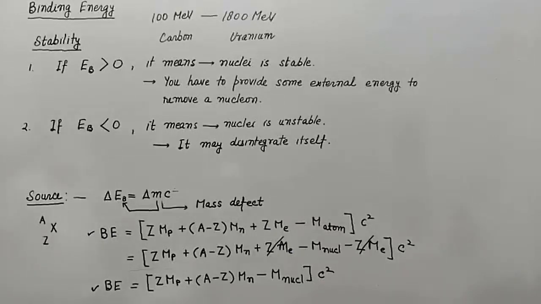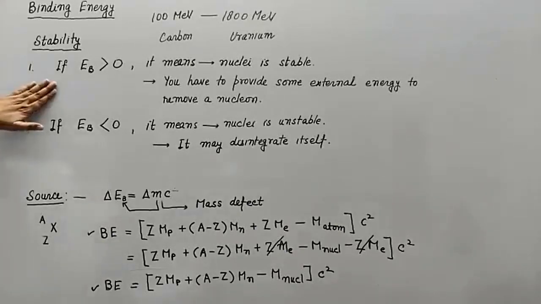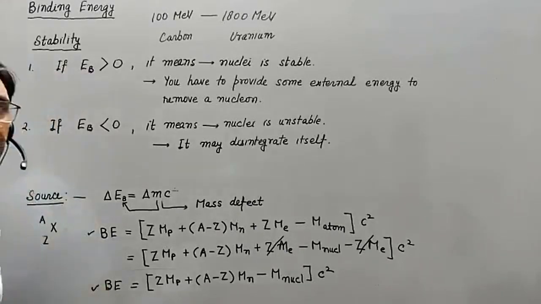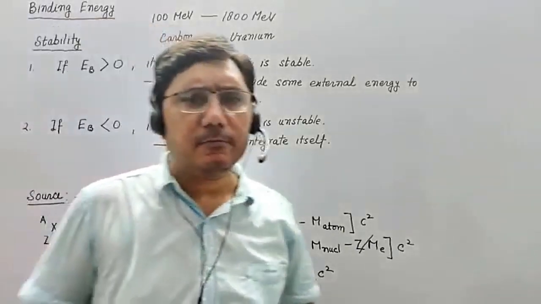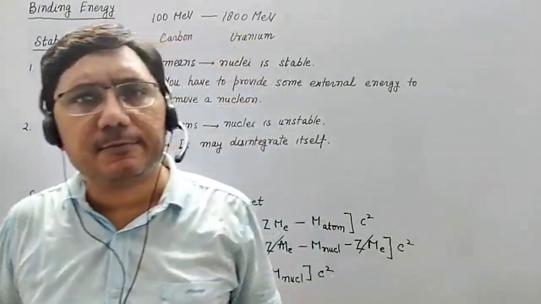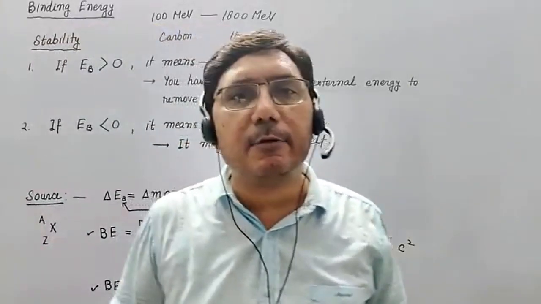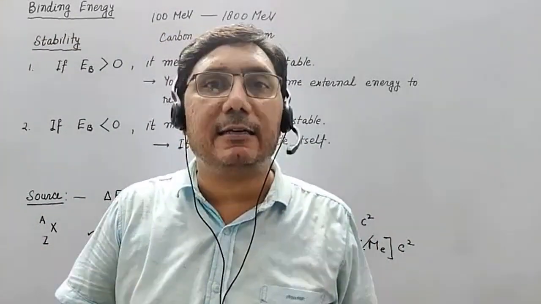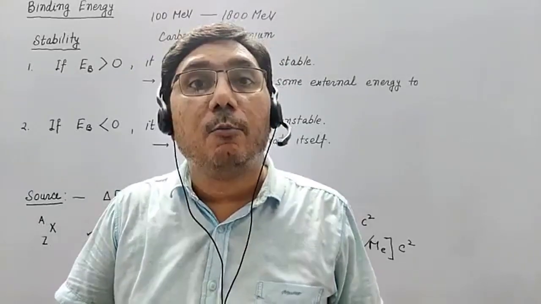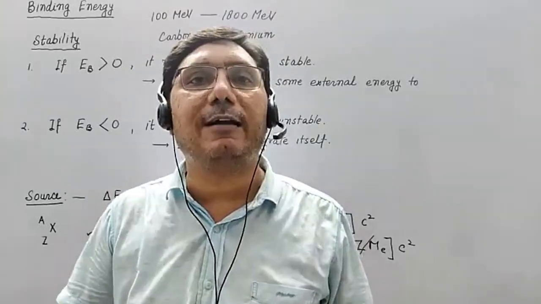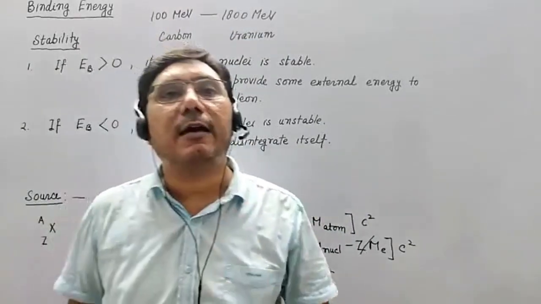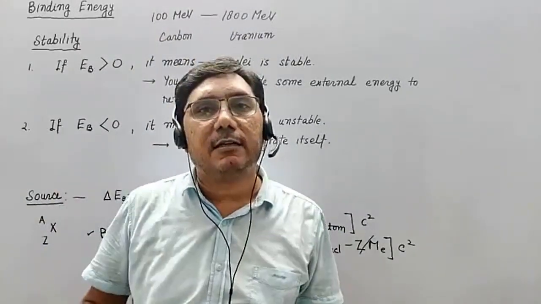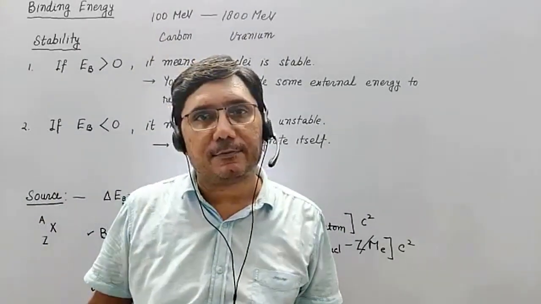Now we are aware that if binding energy is positive, the nuclei is stable. Suppose we have a large number of nuclei and we want to find out which nuclei is more stable. Suppose 4 or 5 nuclei are given and we have to find out which one is the more stable nuclei.